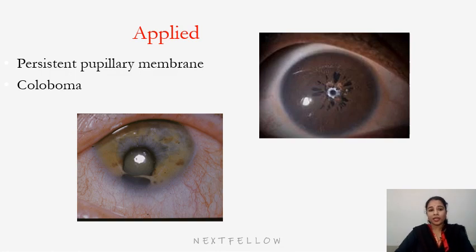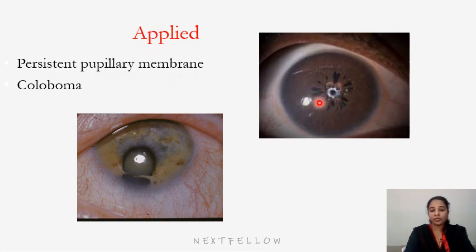Let's see some applied aspect. Persistent pupillary membrane. Usually the pupil is covered by a membrane before birth. Just before birth it ruptures to form an opening called pupil. Suppose the pupillary membrane is persistent, what happens?